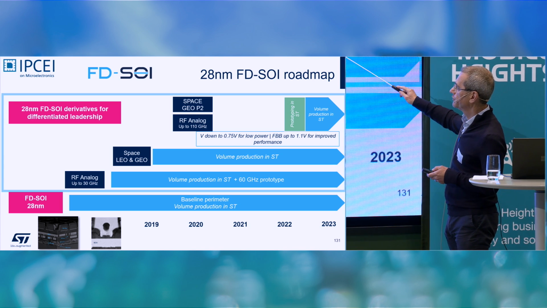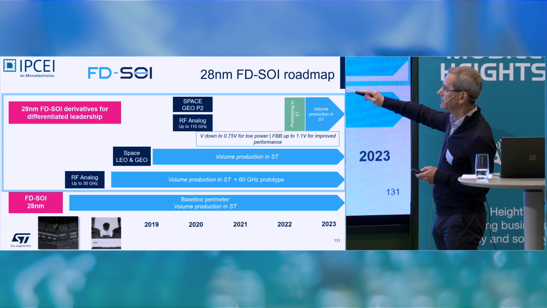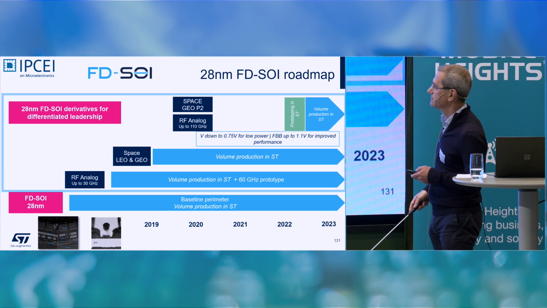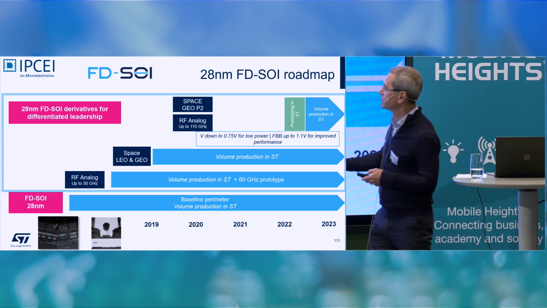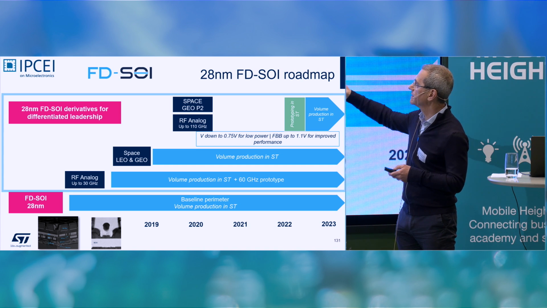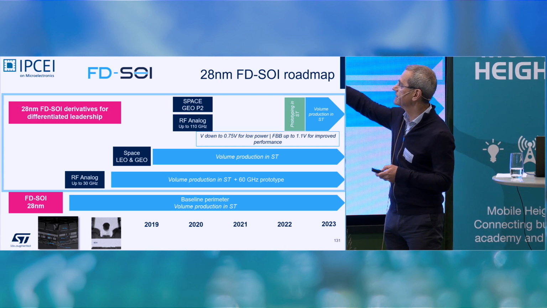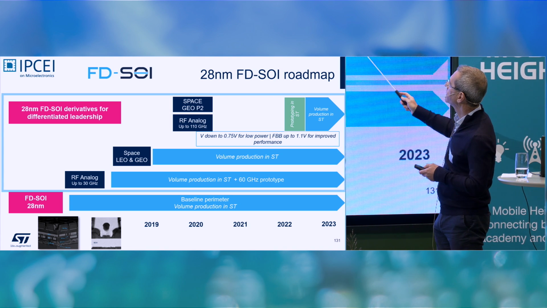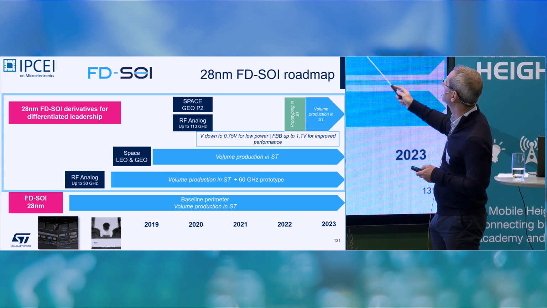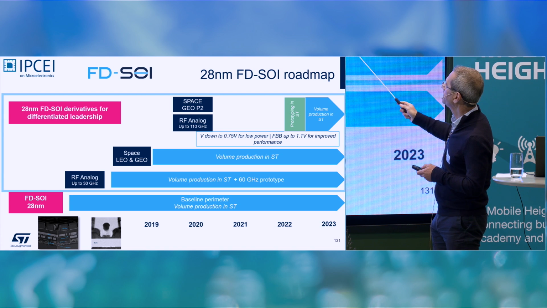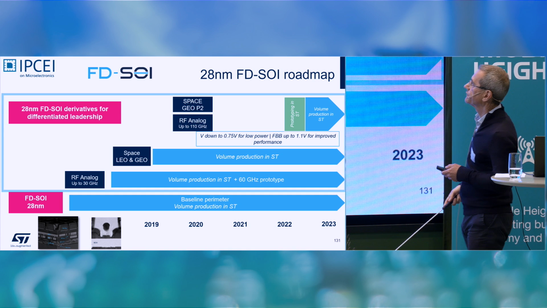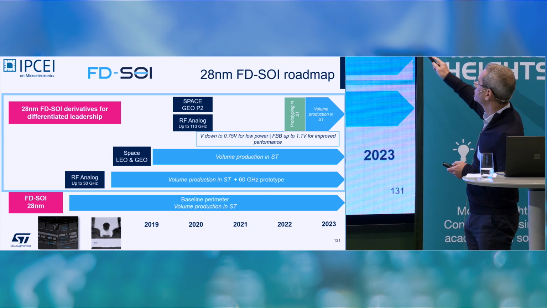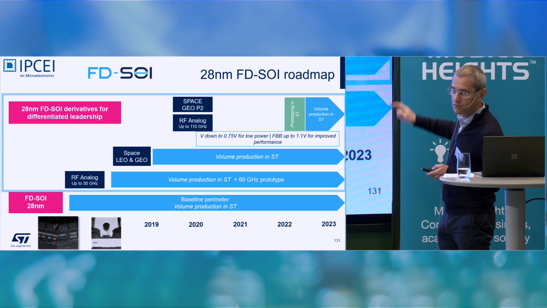We are volume processing for the LEO and GEO space applications. And we want to push this RF analog up to 110 gigahertz here with very low consumption, very good power performance here, and produce a new version of the space GEO. And this should be ready for prototyping right now.